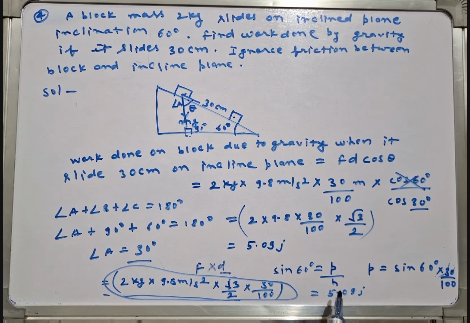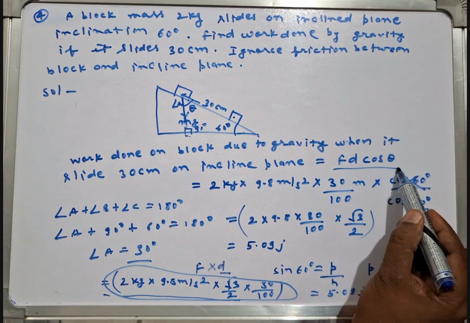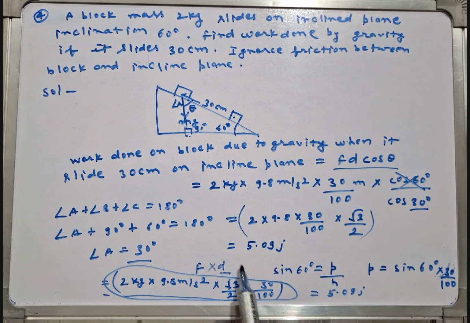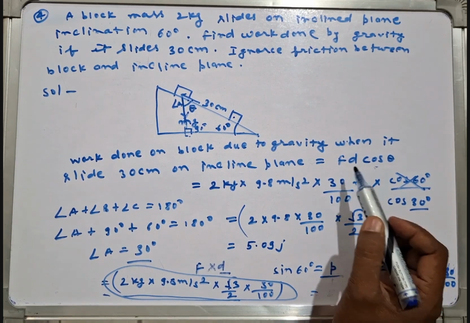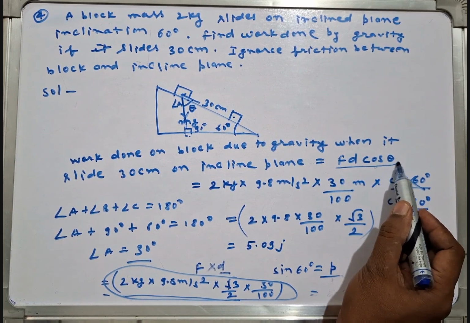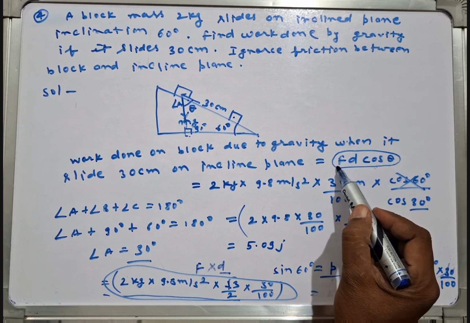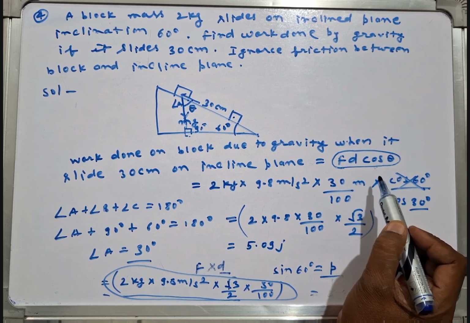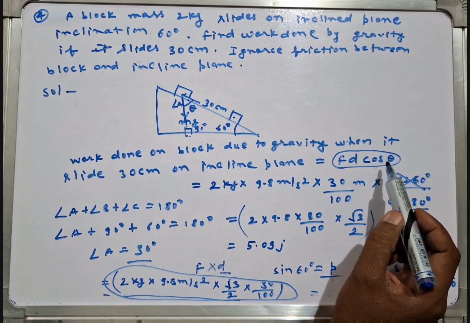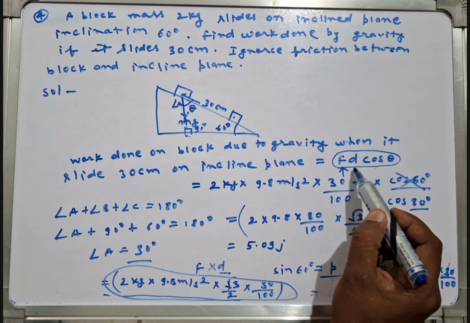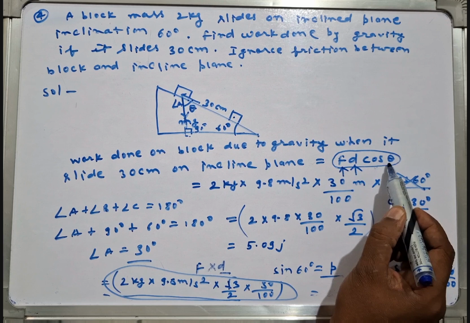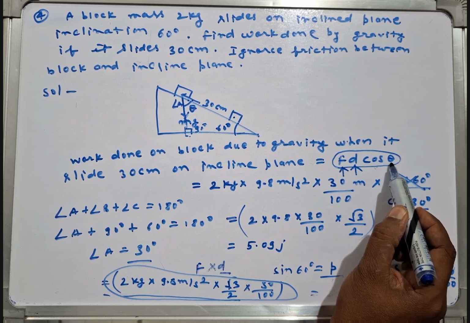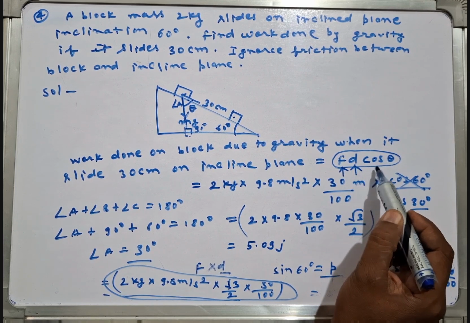Okay, so what you see, if you apply this one, or you remember this formula, then both will give you the same result. Okay guys, in my opinion you remember this formula for calculating the work done on an object due to external force, because this is simple: force into displacement into cos theta, where theta is the angle between the force and displacement.